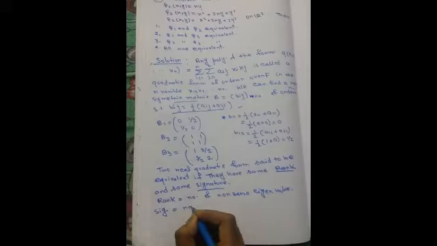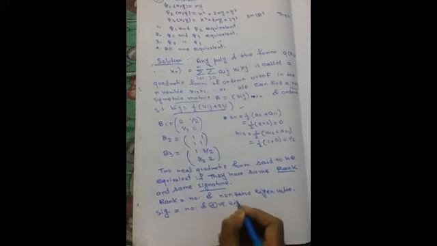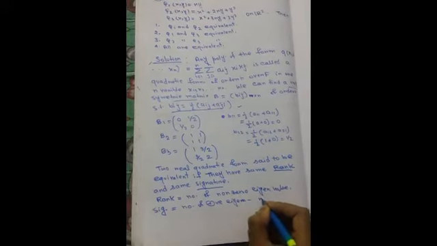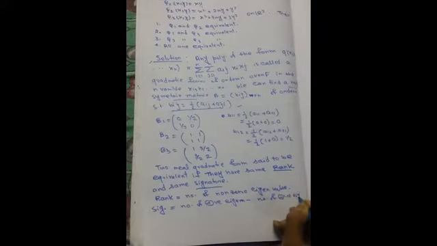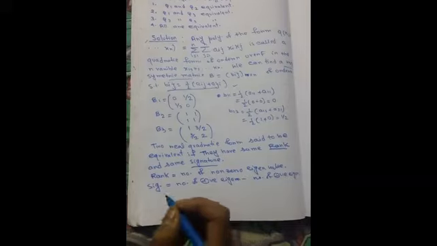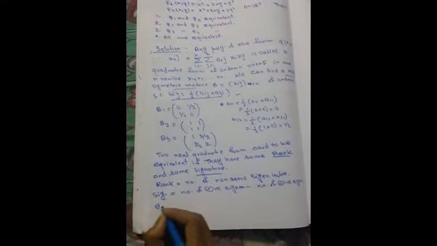Signature is the number of positive eigenvalues minus the number of negative eigenvalues. We calculate all the eigenvalues, then the number of positive eigenvalues minus the number of negative eigenvalues is the signature.